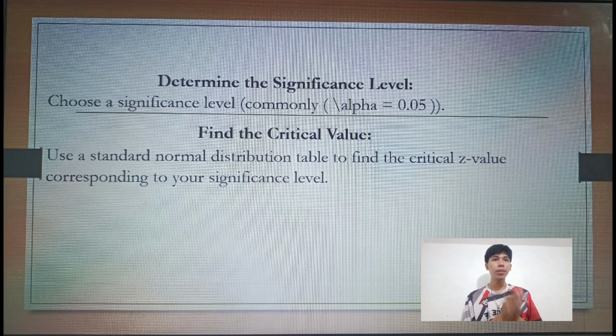Next is to determine the significance level. Choose a significance level, commonly alpha equal to 0.05. Next is to find the critical value. Use a standard normal distribution table to find the critical z-value corresponding to your significance level.